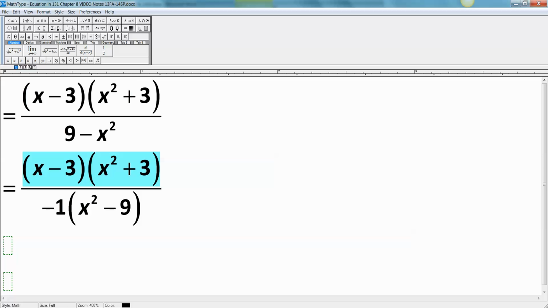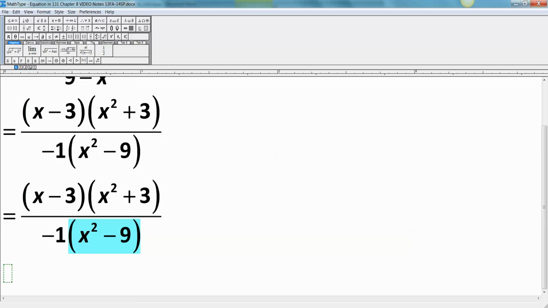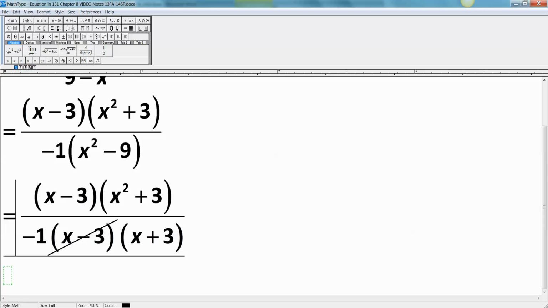And that's a good thing, because we want the order to match the order that I have up here in the numerator values. Okay, so this is equal to, now we can still keep factoring, because that denominator, this x squared minus 9 business, is the easiest kind of factoring there is. It's a difference of squares, right? So it's x minus 3, x plus 3. So now my x minus 3's, I have two of them, one in the numerator, one in the denominator, and they can both disappear.